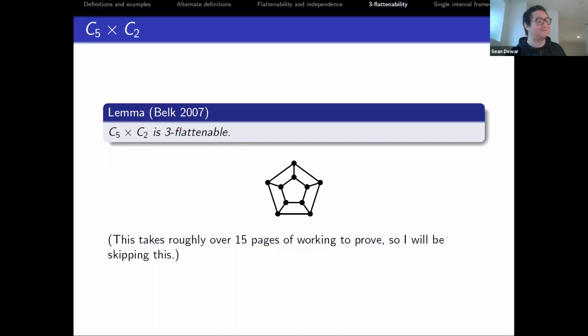To me, this indicates why talking about 4 flattenability is very difficult, because even talking about 3 flattenability is very, very difficult. It also indicates why we want these minor free properties, because determining whether a graph is 3 flattenable without them is very difficult.